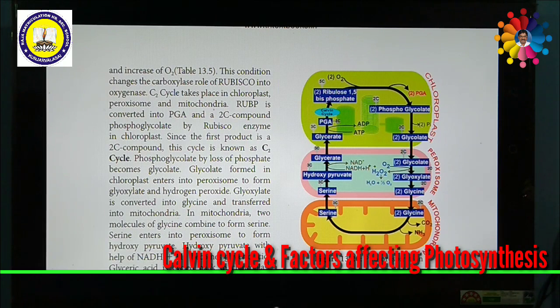Already you know what respiration is. The details of the respiration process we can see in the next chapter, in tomorrow's class and the next class. What is respiration? Breaking down of glucose with the help of oxygen to produce carbon dioxide, water and energy.